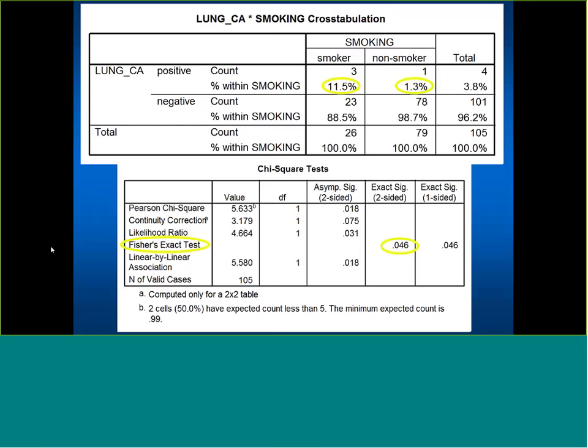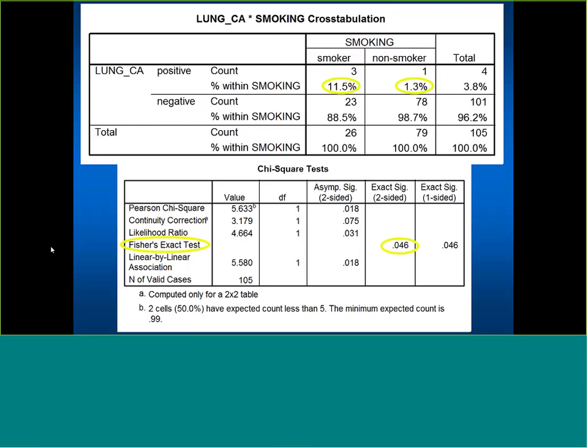So I run my test on this, and I'm going to use the Fisher's exact test, and it comes up automatically in SPSS when you have a 2-by-2 design like this. And my p-value is 0.046. So I've reached statistical significance, haven't I? That was enough to show that there is a relationship between smoking and cancer in my 105 people. Okay? And does that make sense?